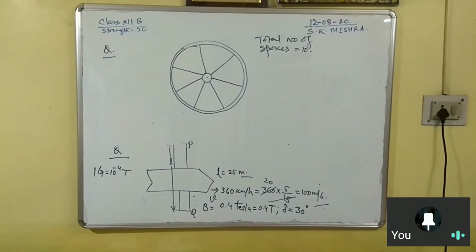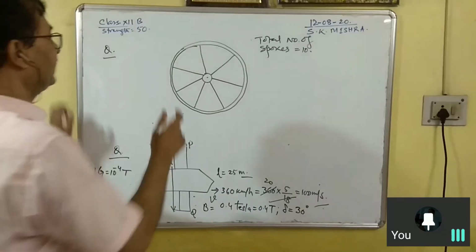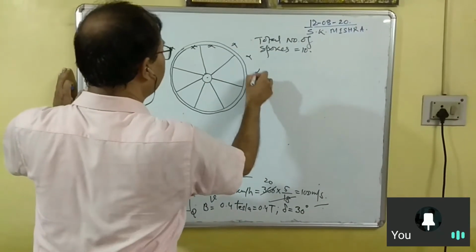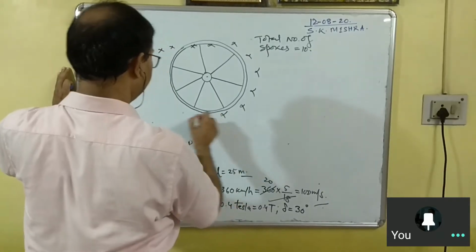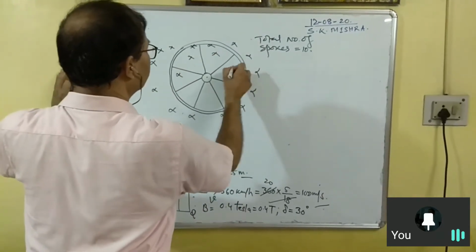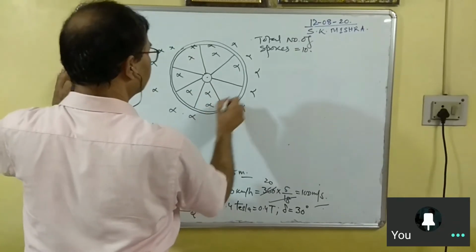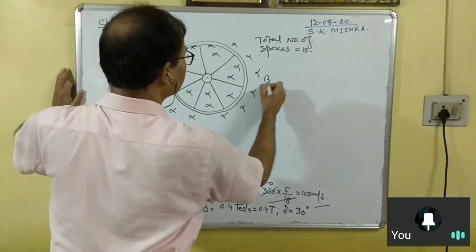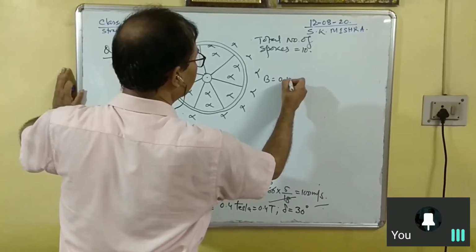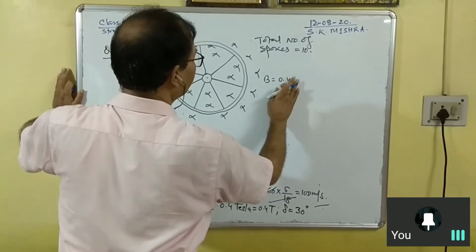Okay. Now this is rotated in a magnetic field, and the magnetic field is perpendicular to the plane of the ring. Everywhere cross. Uniform magnetic field exists with B equals to, suppose, 0.4, or I am taking the vertical component.